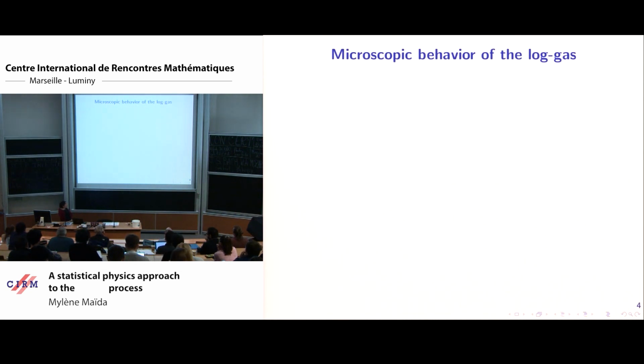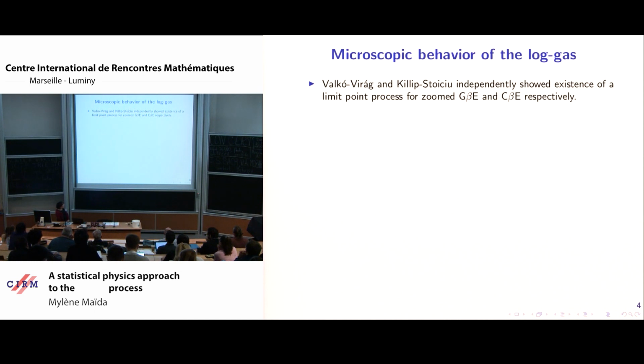And this is more recent work. About 10 years ago, Valkó and Virág showed the existence of a limiting point process for the zoomed Gaussian beta ensembles. So you multiply by n and you look at the microscopic behavior inside the bulk of the Gaussian beta ensembles. This was due to Valkó and Virág. And for the C beta ensembles, this was due to Killip and Stoiciu around the same time.